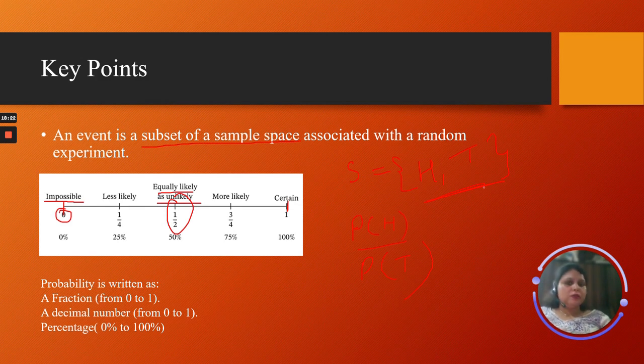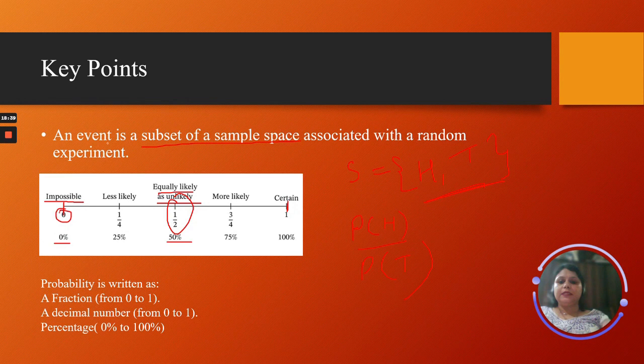Now for the events whose value lies between 0% and 50%, let's say the chances are even less than 50%, those kind of events we can say they are less likely to occur. So value lies between 0% and 50%, or somewhere in between 0 and 1 over 2.